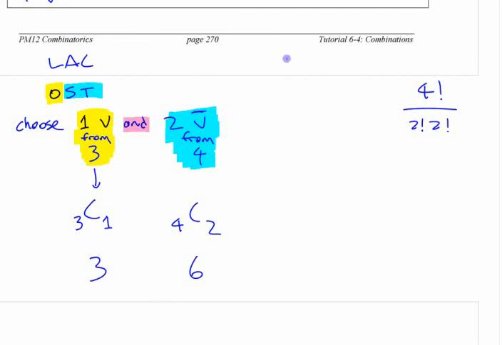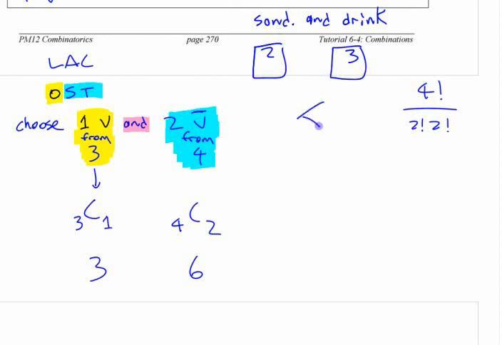Why would you be right? Because of something you learned in the first tutorial here, fundamental counting principle. Remember, it was if you can choose from 2 different sandwiches and 3 different drinks, right? If you get to choose a sandwich and a drink, how many different menus can you make there?